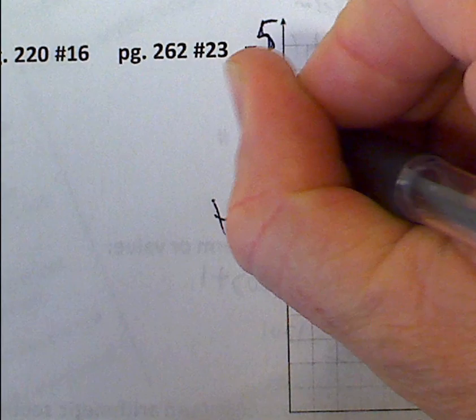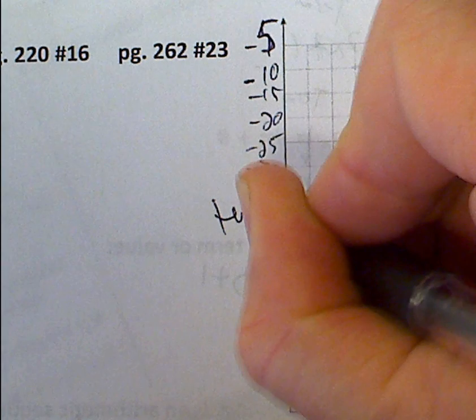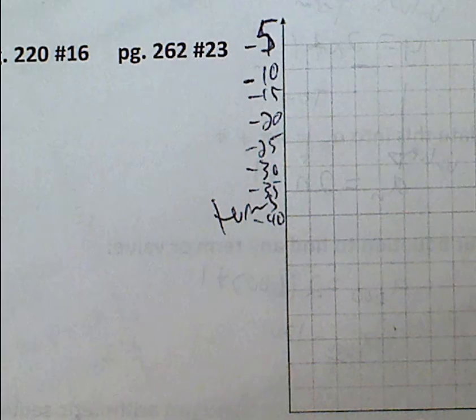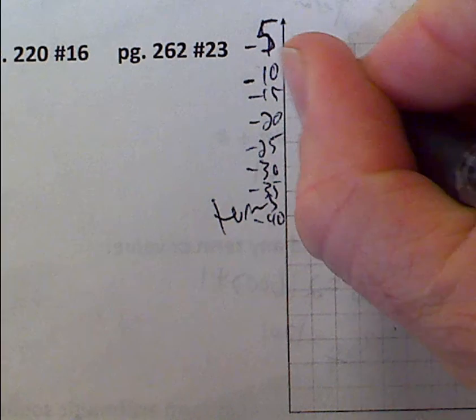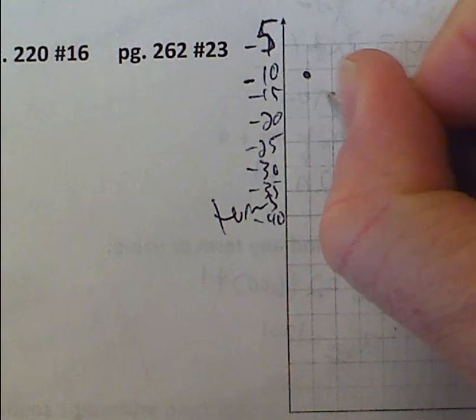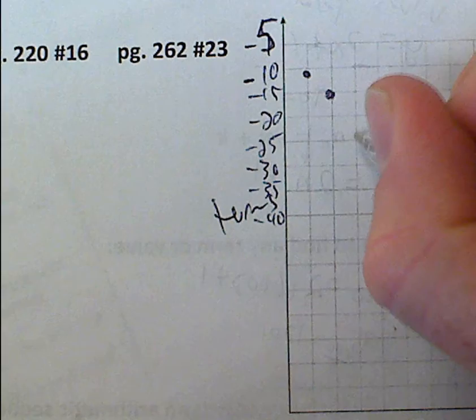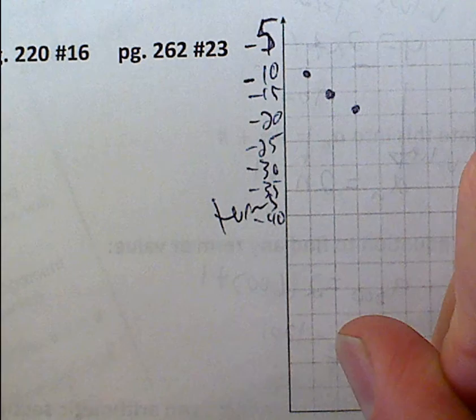So that would be negative 5, negative 10, negative 15, negative 20, negative 25, negative 30, negative 35, negative 40, so on and so forth. So my first term is negative 11. Negative 11 is about here. My second term is negative 15. My third term is negative 19. My fourth term is negative 23.